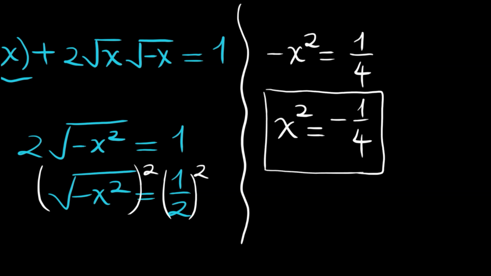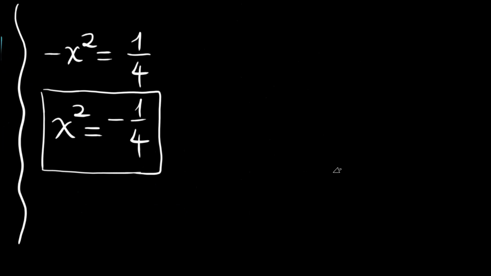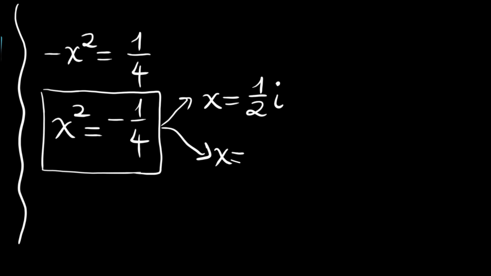This is nice, since square rooting both sides, we will find the roots. x is equal to 1/2 times i, and the other root is negative 1/2 times i. These are two roots for our equation.